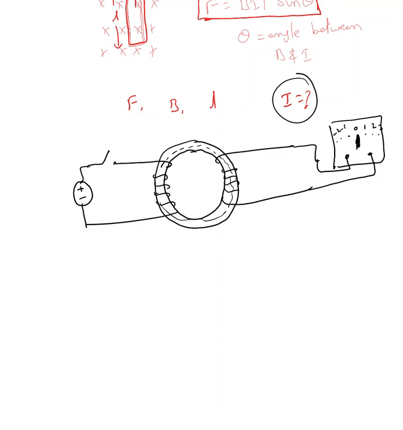Whenever he was closing, it moved in one direction. Whenever he was opening, it moved in another direction. So based on this experiment, he found that for sure we can produce current. Produce in the sense, remember one thing: we cannot create energy, we cannot destroy energy. That's a basic rule.